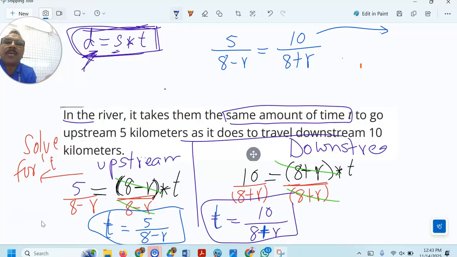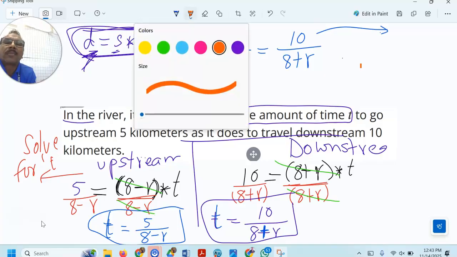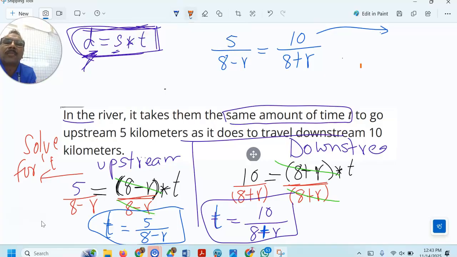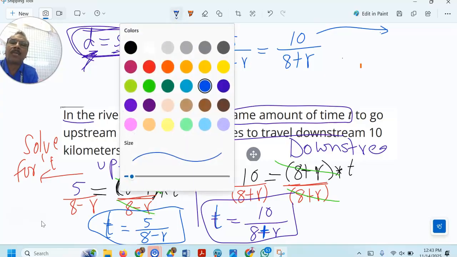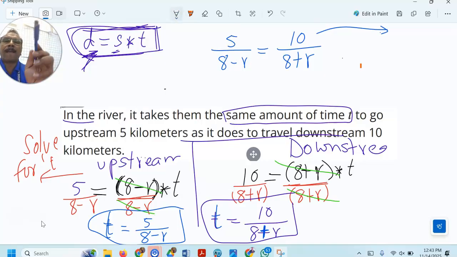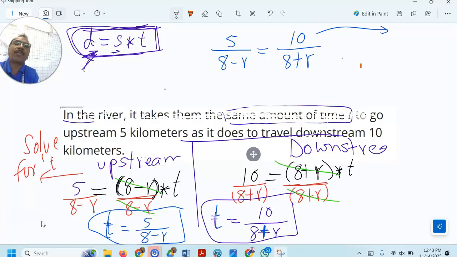The second part of the question is we have to solve this rational equation. What does it mean? Okay, I'm going to copy this so far. So we got that, and now we have to solve this.